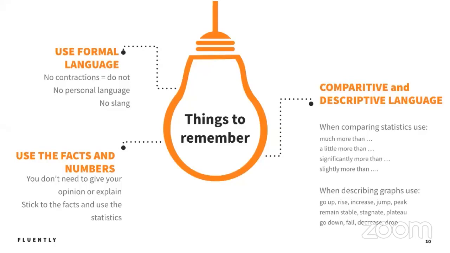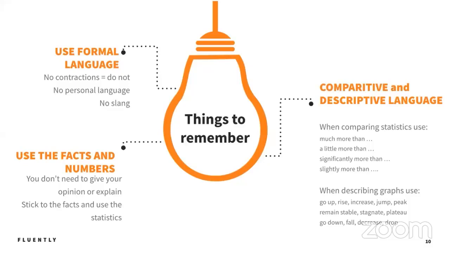Keep it formal, keep it neutral. And obviously no slang as well. Also, use the facts and numbers. Like I said before, you don't need to give your opinion or try to explain anything. You just describe, okay? And remember to use the information that you're given. Use the numbers, put them in your writing, and stick to the facts.